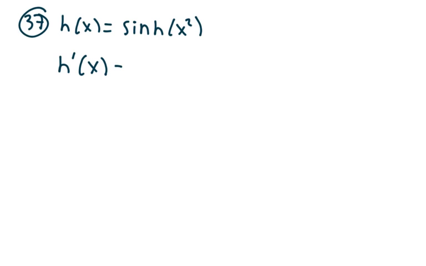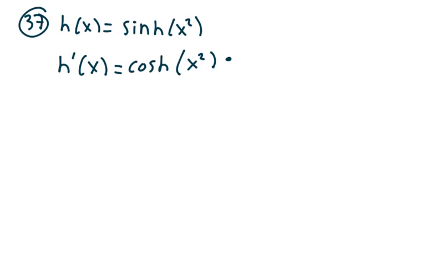37. Suppose h of x is equal to sinh of x squared. If I want h prime of x, you're going to get cosh evaluated at x squared.